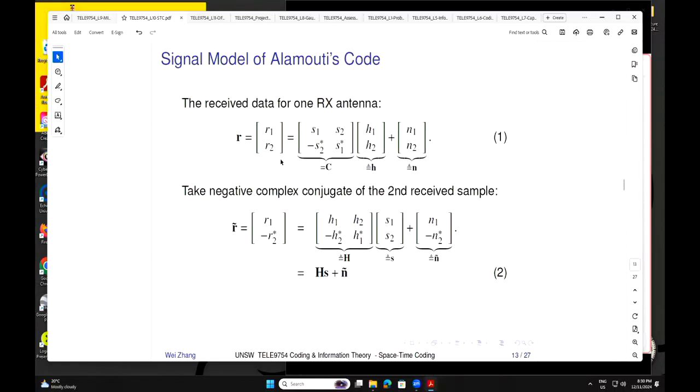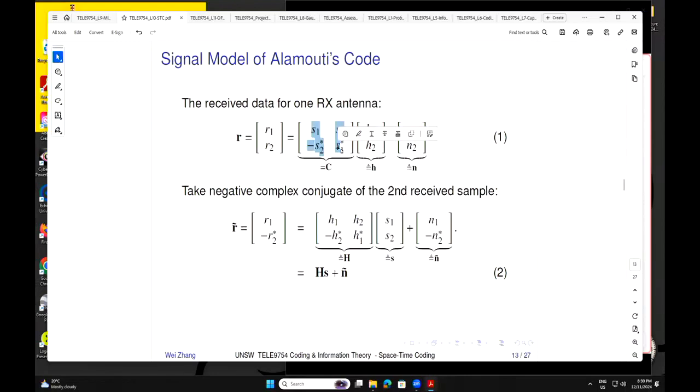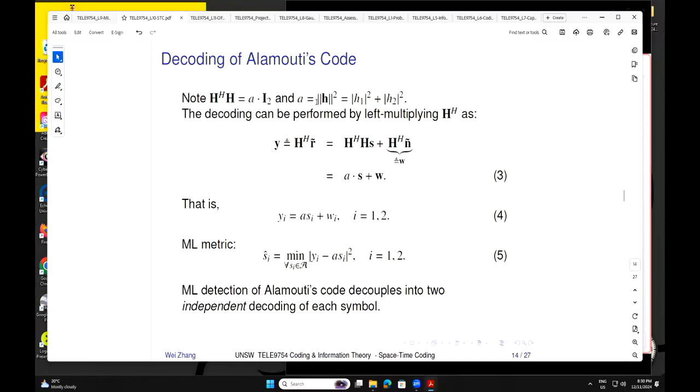If you remember for the Alamouti code here, we got this one, right? For the codeword you can also write it like this: C Hermitian times C. What happened? It will be the magnitude of S1 squared plus the magnitude of S2 squared, in the diagonal. So it's the same thing. You can see here we got this diagonal, due to the orthogonality.